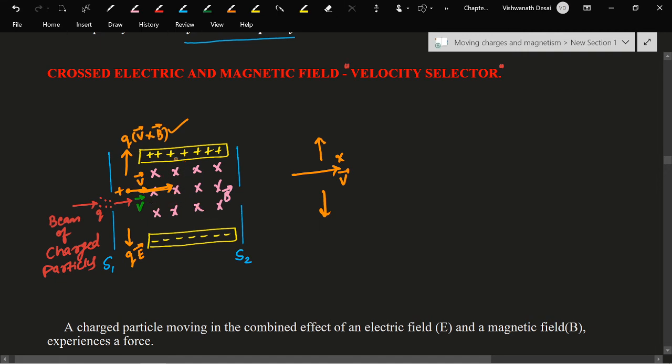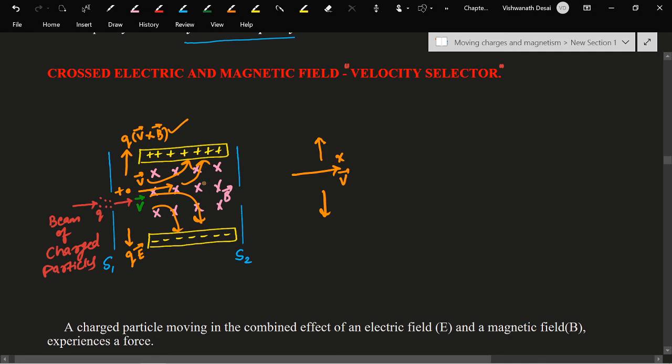If the electric force is more, the charged particles coming here will move downwards. If the magnetic force is more, then the charged particles go somewhere here, upward.